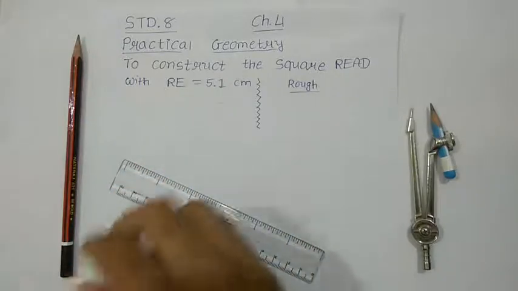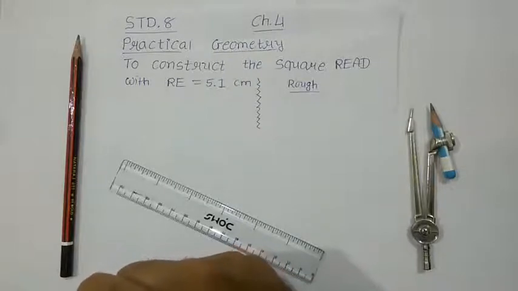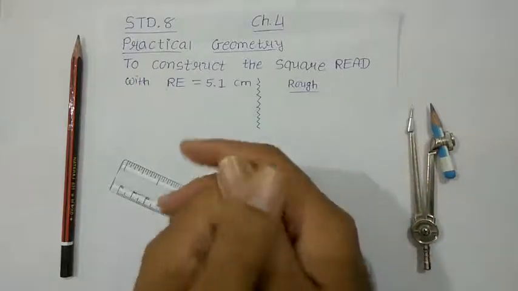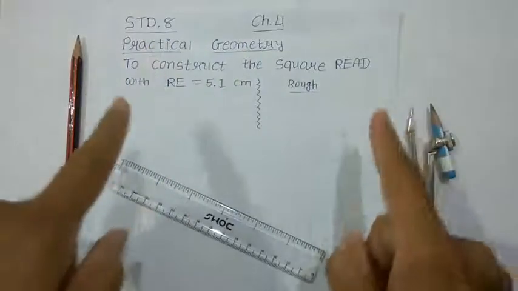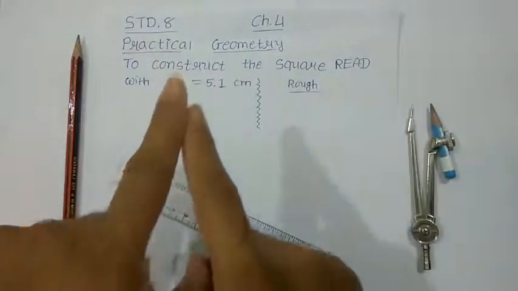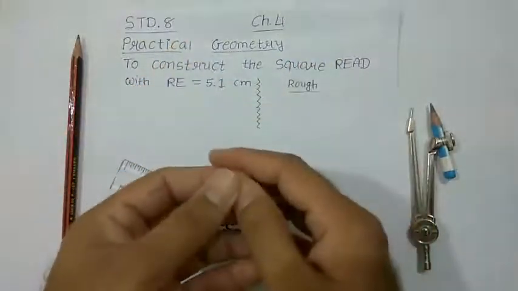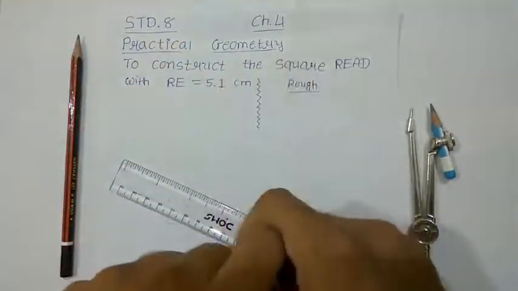Special cases means the square is a special type of quadrilateral because we know that all its 4 sides are equal. In the same way, if we are asked to draw the rhombus, then we know the property of the rhombus, right? Then in the same way, the rectangle is also a special type of quadrilateral, and the parallelogram is also a special type of quadrilateral.